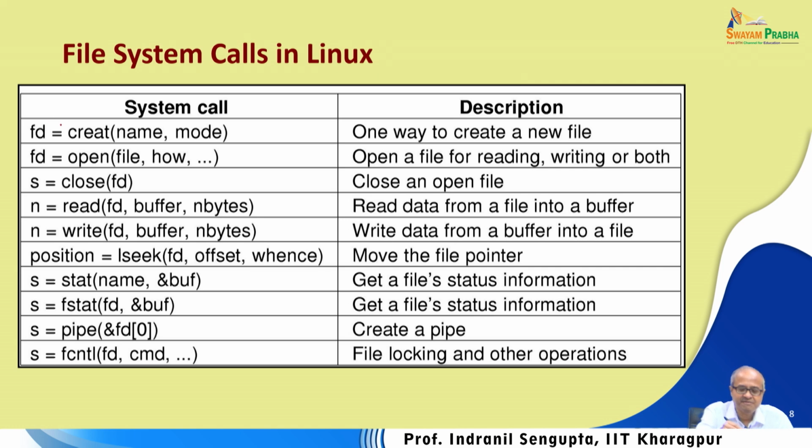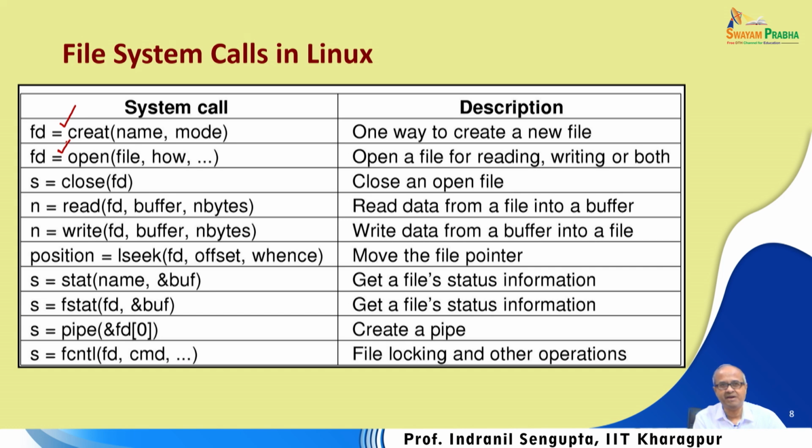There is a function called create. You can create a new file with a name. You can tell the mode you want to create it in: read only, read write, write only, whatever. Then there is a system call called open.